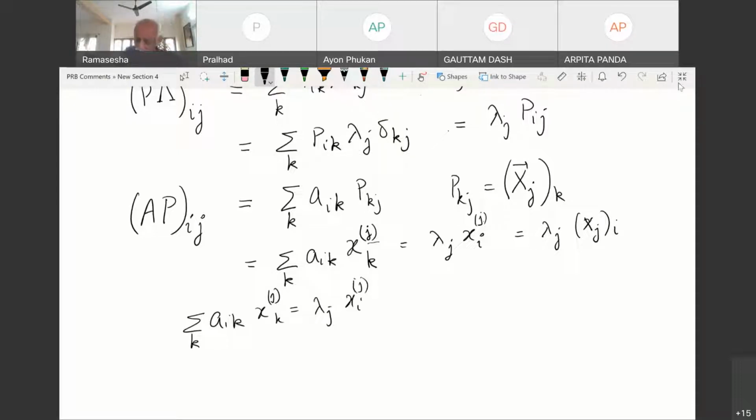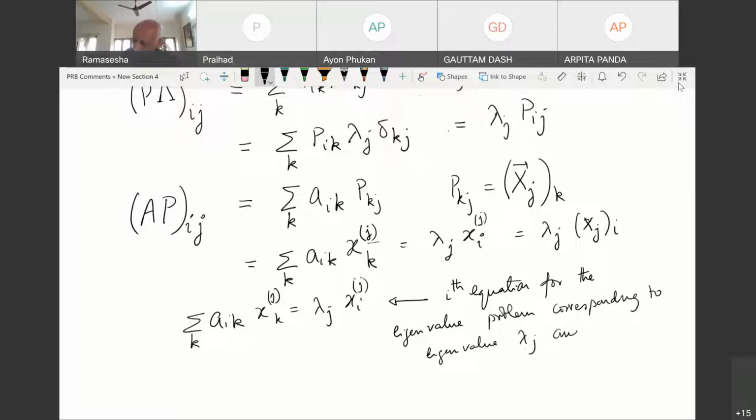Because this is the ith equation for the eigenvalue problem corresponding to eigenvalue lambda and eigenvector xj.